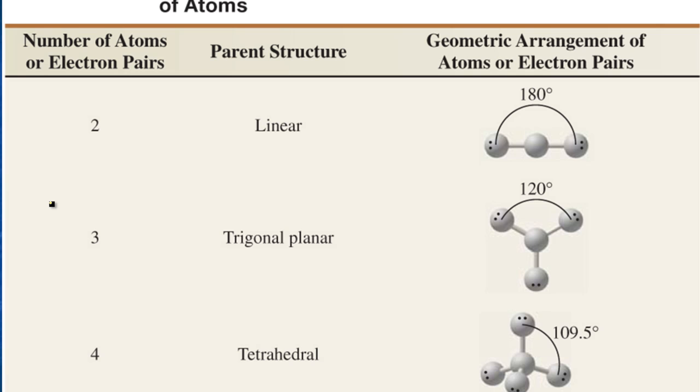Now this central atom has 3 sets of electrons, so this is trigonal planar. This central atom has 4 sets of electrons and that is tetrahedral. Everyone is so far with me? These are parent structures. There are more parent structures, but for our class we will look only at these 3.